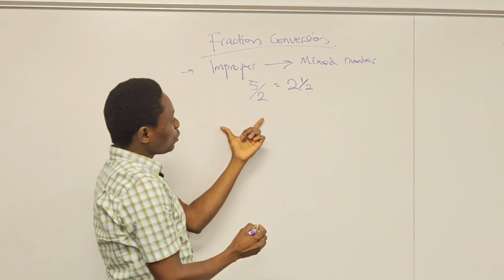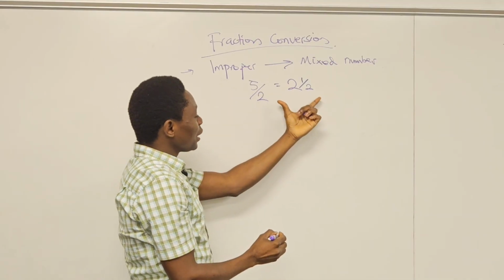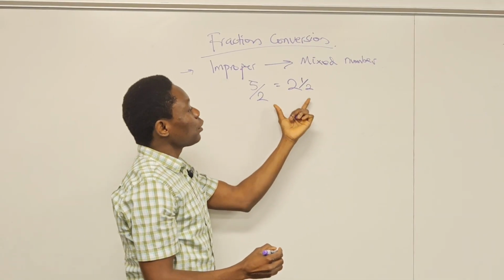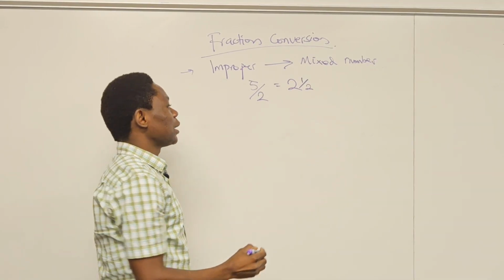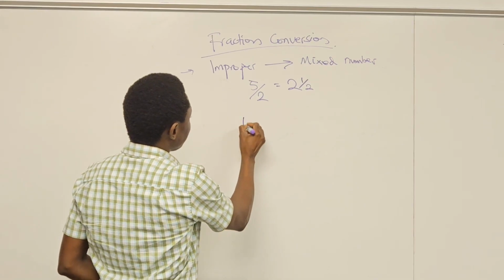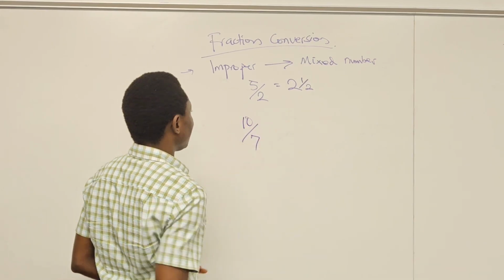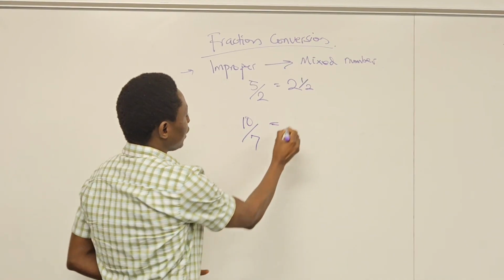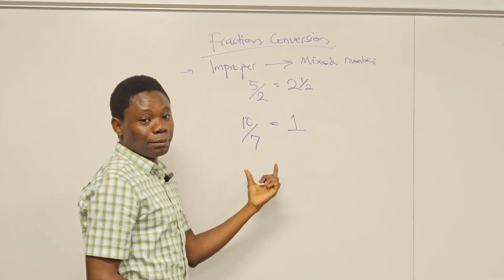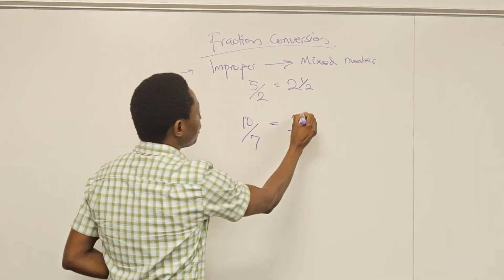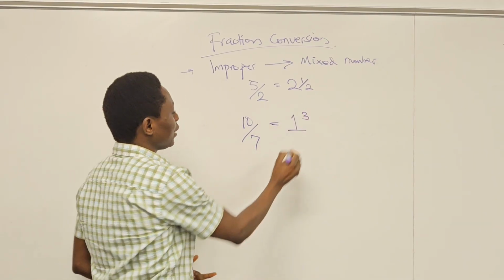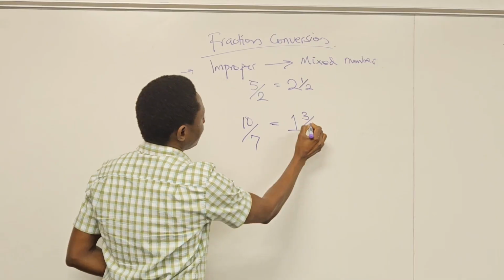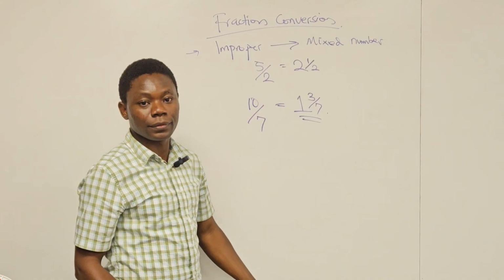So the improper fraction 5 over 2 can be converted to 2 whole number 1 over 2, which is a mixed number. Another example, let's say 10 over 7. 10 divided by 7 is 1, and there is a remainder of 3, which will form the numerator of the fractional part over 7, which is the denominator.